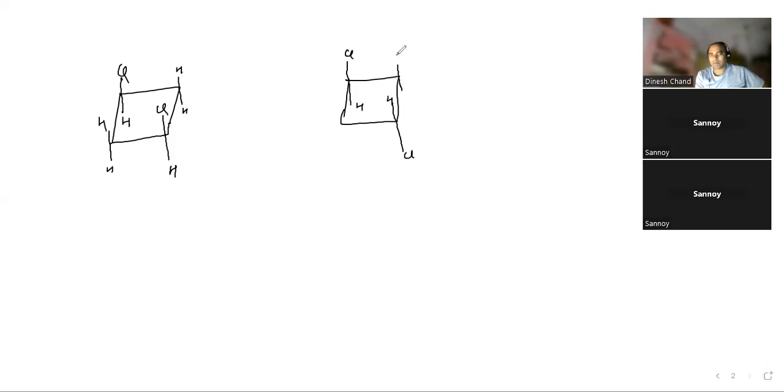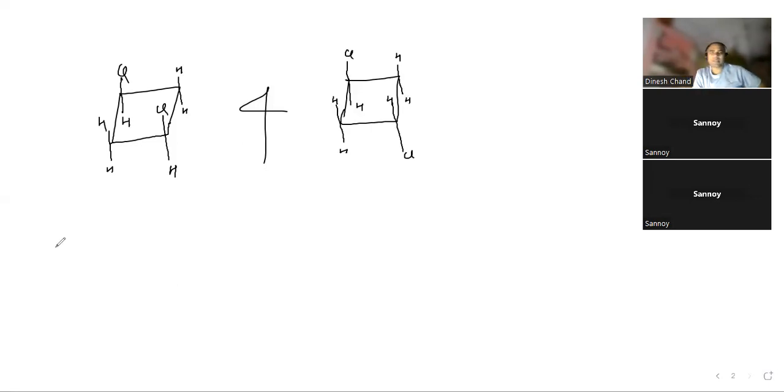The remaining positions are hydrogen, hydrogen. Which is cis, which is trans?